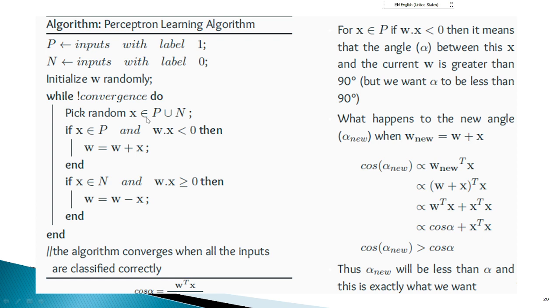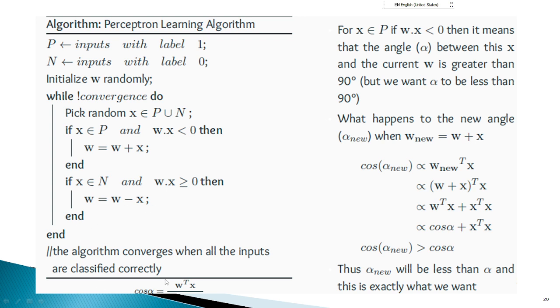Do the following until convergence: pick a random X belonging to P union N. If X belongs to P, the set of inputs with label 1, and W dot X, the dot product W transpose X, is less than 0, then W equals W plus X. For the other case, X belongs to N and W dot X is greater than or equal to 0, then W equals W minus X.